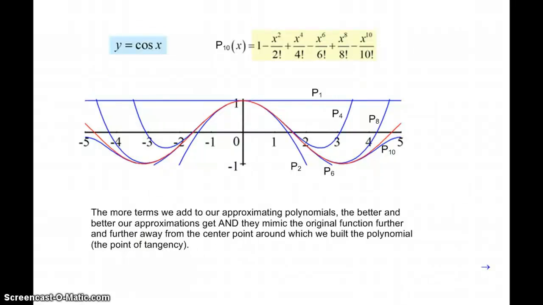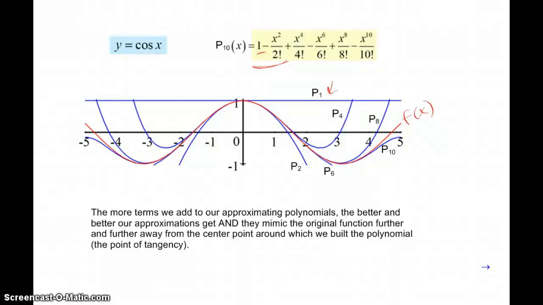Really quickly, here are p sub 1, p sub 2, 4, 6, 8, 10. The red function is the cosine function. Here's f of x. Here's our linear function. P sub 1 is just the horizontal line, y equals 1. P sub 2, or I should say P naught, sorry about that.